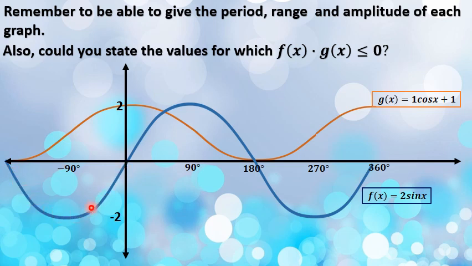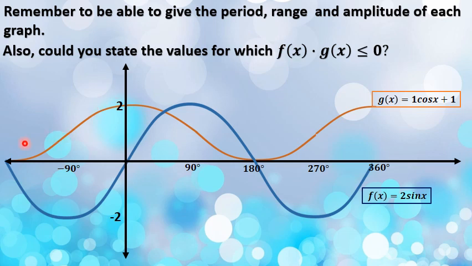So the product of any two y values along this stretch of the x-axis will give you a negative number. So let's just always interpret these inequalities into where is one above while the other one is below the x-axis.